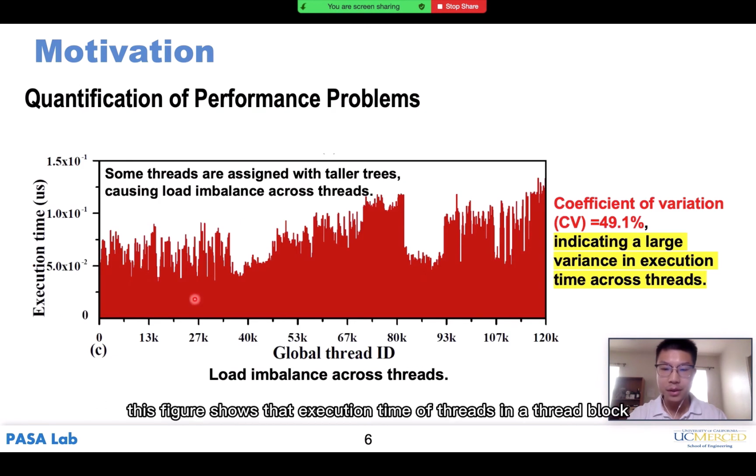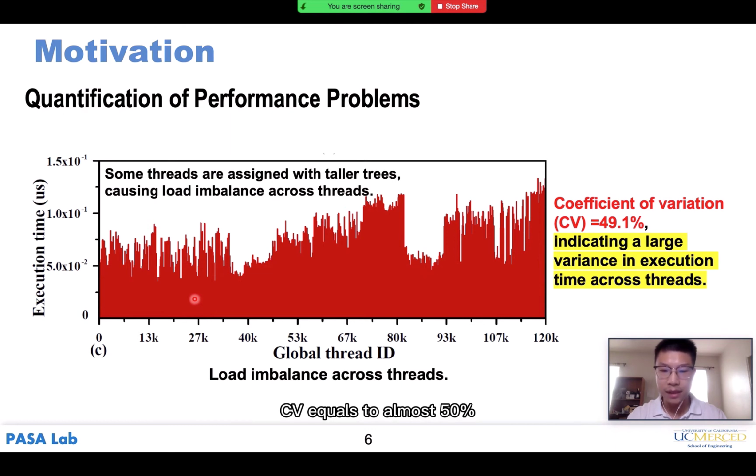This figure shows the execution time of threads in a thread block. The thread block performs inference for 1000 samples. We use the coefficient of variation to quantify the variance. CV equals almost 50%, indicating a large variance in execution time across threads.